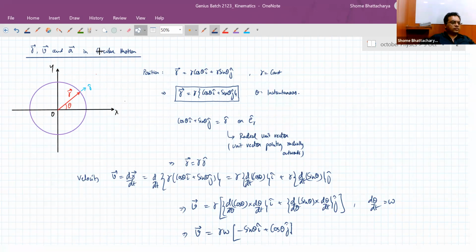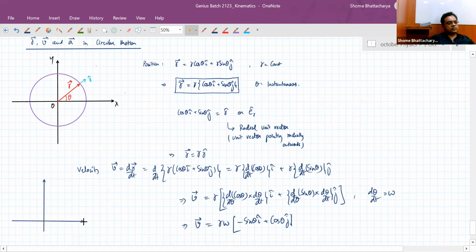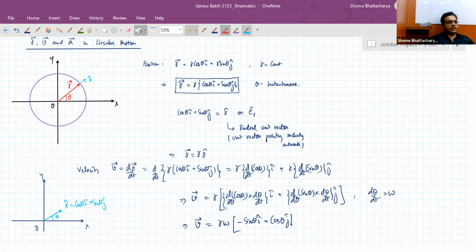So in a separate vector diagram, if you were to just show the two unit vectors, see that at any instantaneous angular position theta, if this is the radial unit vector r cap, a vector of magnitude 1 pointing at theta, then the tangential unit vector will be like this.